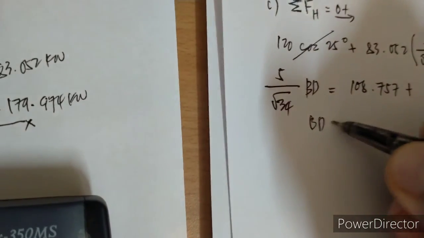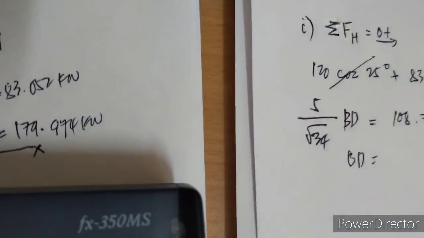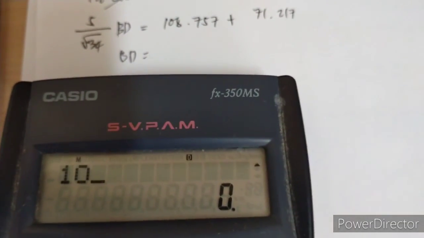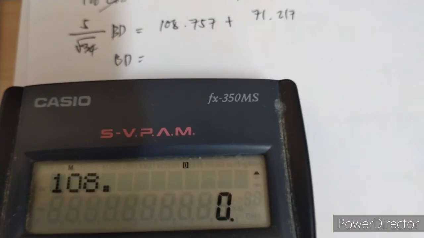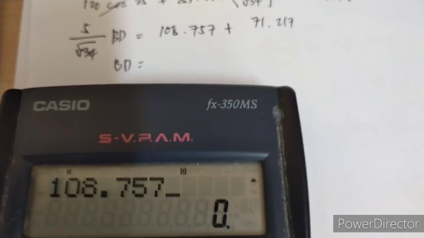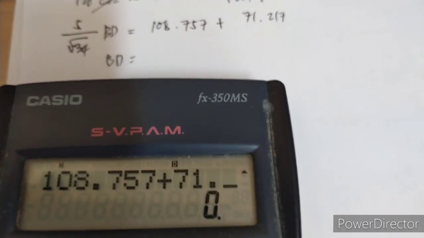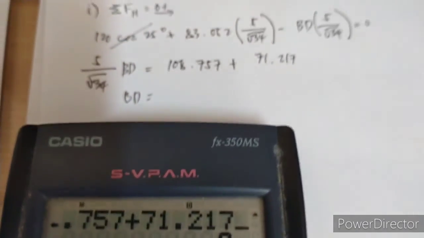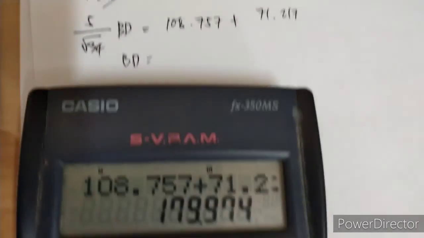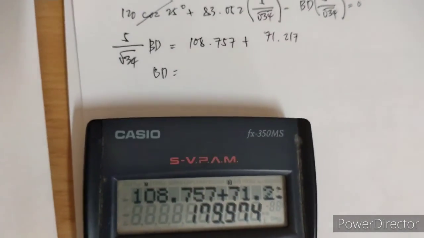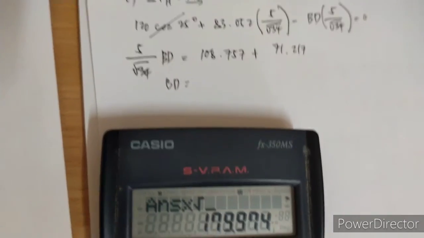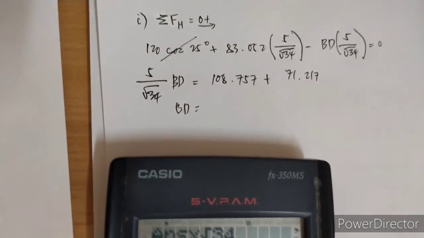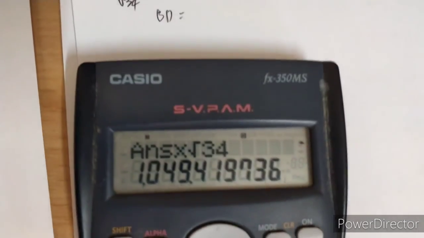Okay, so BD now will be 108.757 plus 71.217, times square root of 34 divided by 5.